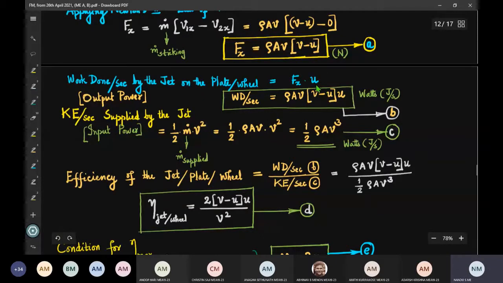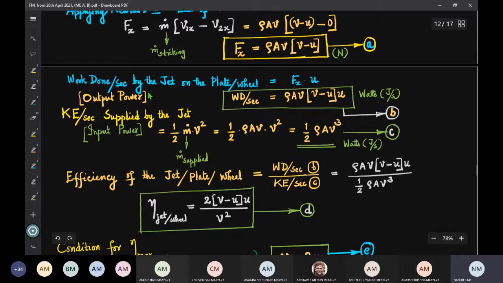Now the work done in this case. What is the work done? The expression is going to be the same: Fx multiplied by U, the tangential velocity of the wheel or the velocity of the plate. How do we find out U? That is pi d n by 60. What is that d? The diameter of the wheel, the effective diameter of the wheel, and n is the rotational speed of the wheel in RPM.